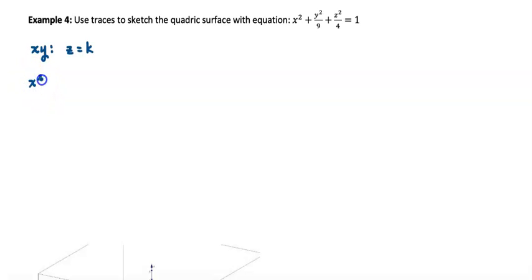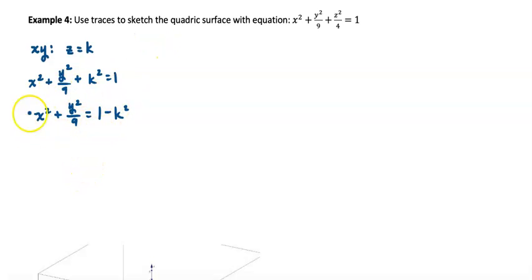We get x squared plus y squared over 9 plus k squared over 4, let's just call it k squared, being equal to 1. So let's move this constant to the other side of the equation. We've got x squared plus y squared over 9 is equal to 1 minus k squared.